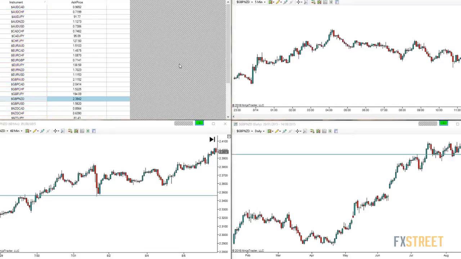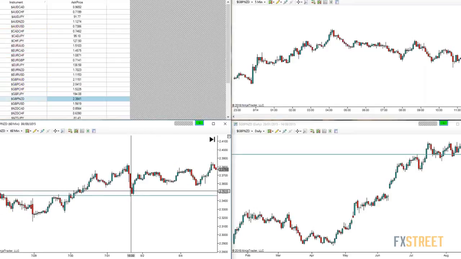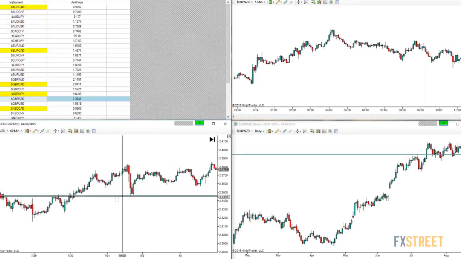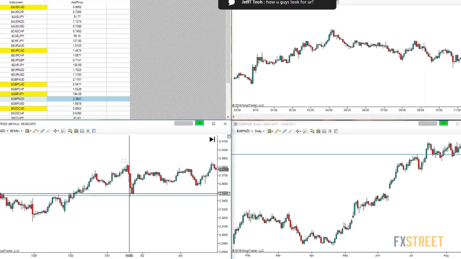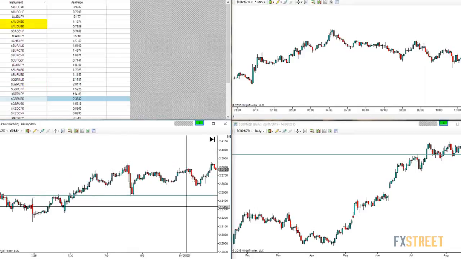One important concept to understand, and one of the great things about support and resistance, is that a support level can become a resistance level, and a resistance level can become a support level. So for example, taking a look at this level here on the charts, on the pound New Zealand, I don't know if you can see it here.